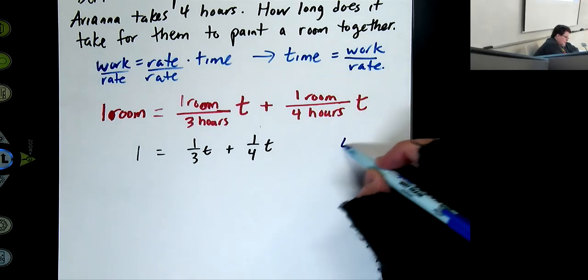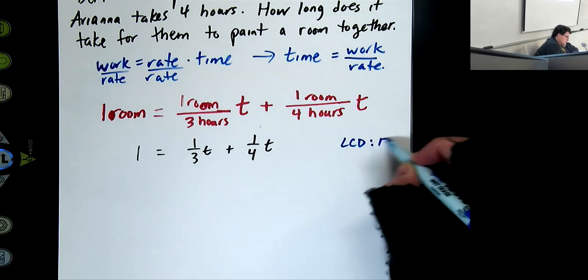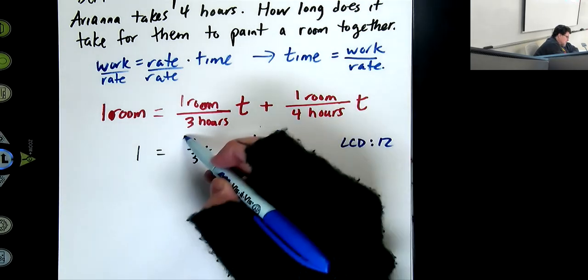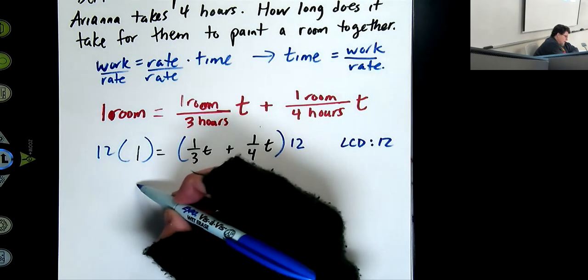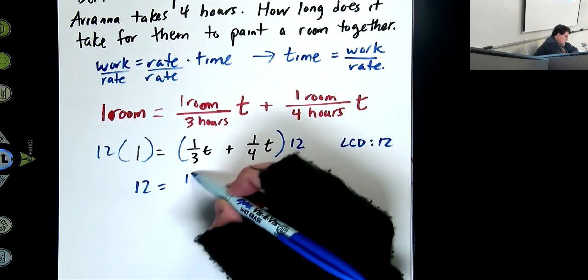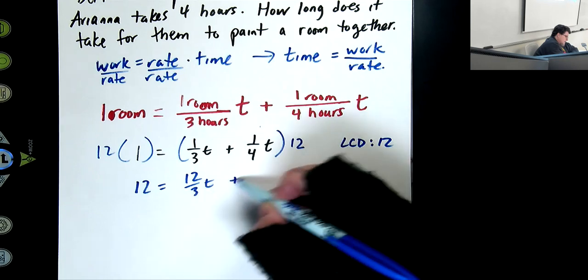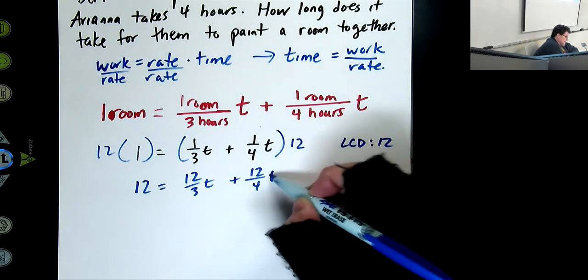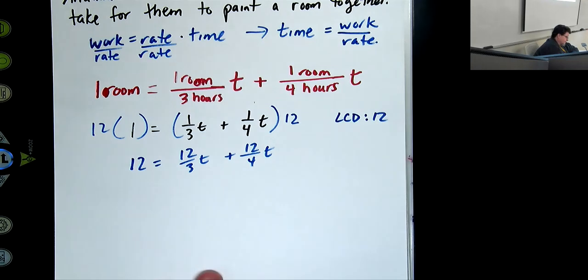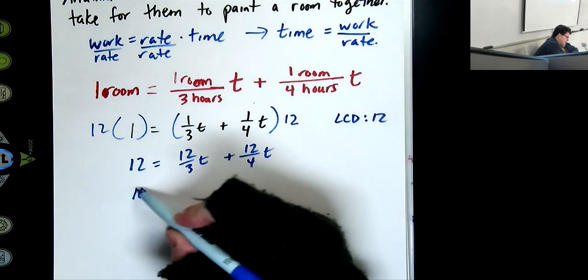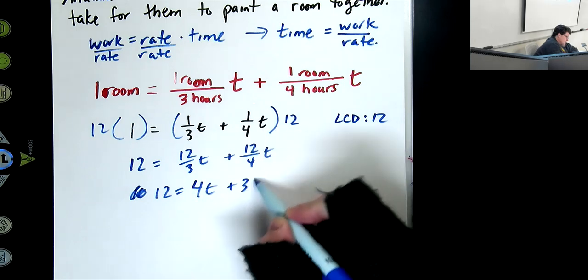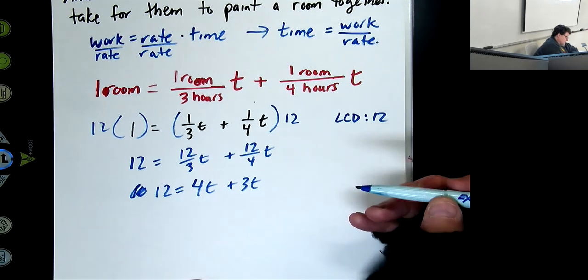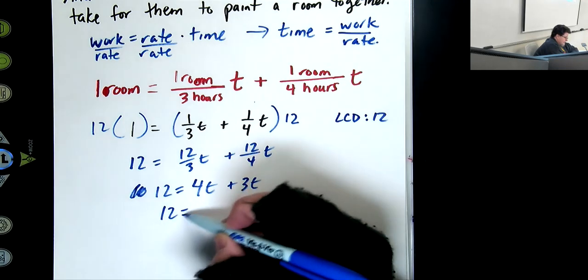We just did a problem like this. LCD is 12. We'll multiply everything by 12, and I get 12 equals 12 over 3T plus 12 over 4T. We can simplify that. That's 4T plus 3T, which is 7T.